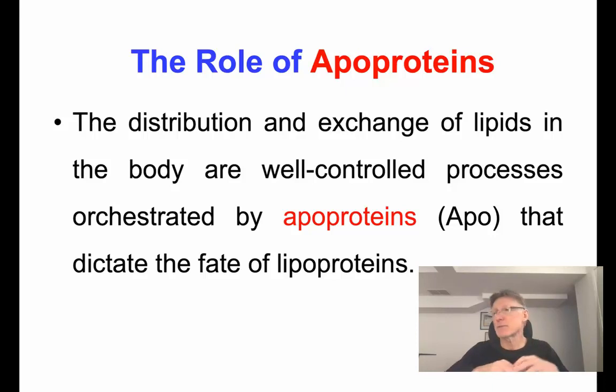In other words, as the particles travel in your system, the apoproteins are the ones that signal where they should go, which cells will take them, which cells will collect the material that they carry, and also tell the particles to go to different directions in your body, specifically not only for donation of lipids to tissues, but also for the removal of these particles from the circulation. And we are going to learn this as we progress here.